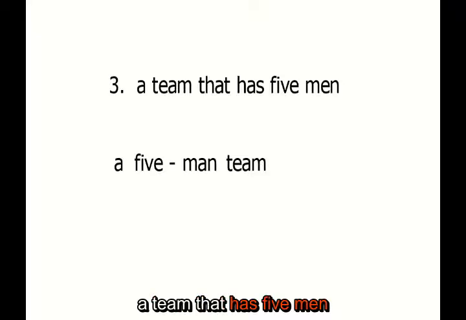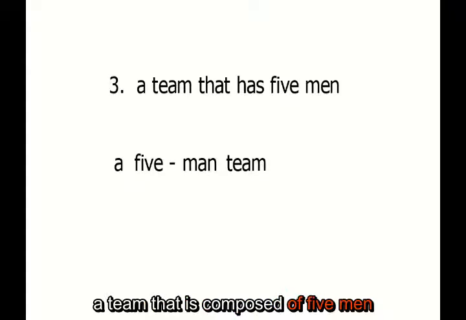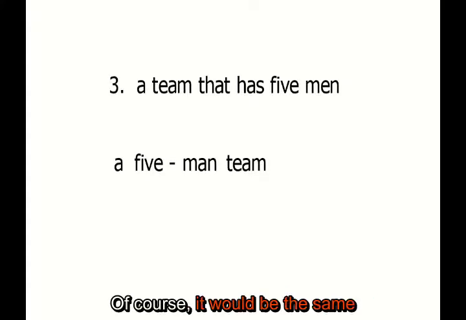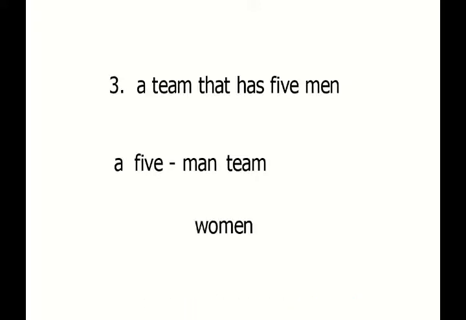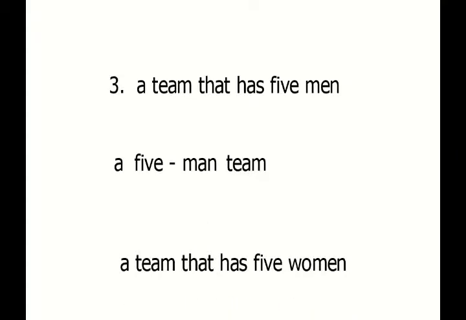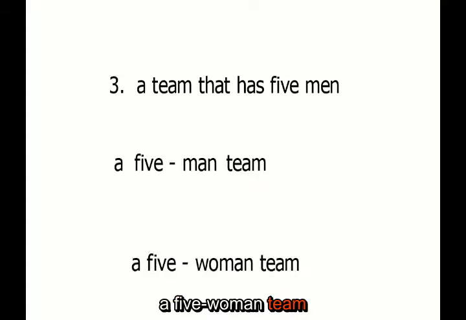A team that has 5 men, or a team that is composed of 5 men. Of course, it would be the same if we use the noun women. A team that has 5 women becomes a 5-woman team.